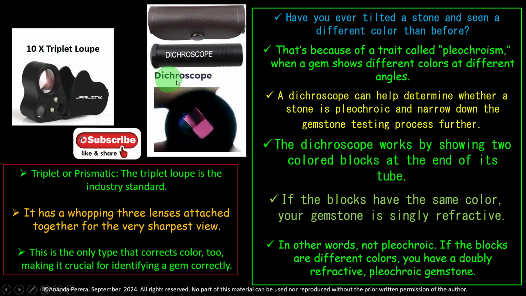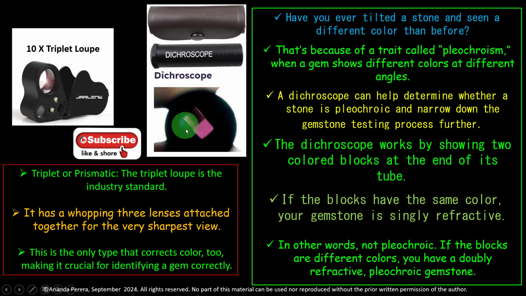Then another tool is the dichroscope. The dichroscope is very thin, maybe 3-4 inches long. When we see from one side to the other side, we can see 2 squares here. The other side we have to put near the eye, and we can see these 2 boxes. Then we can check the stone.